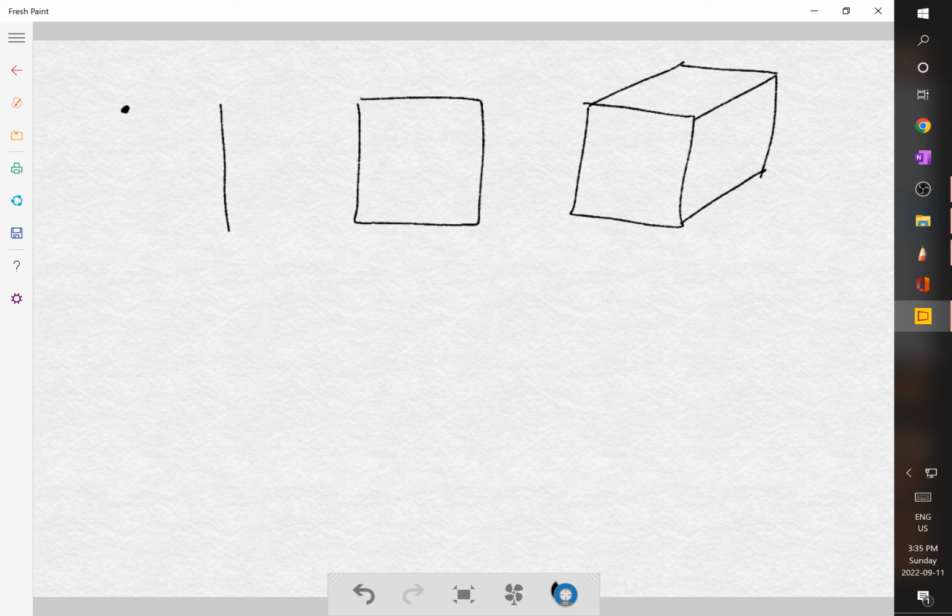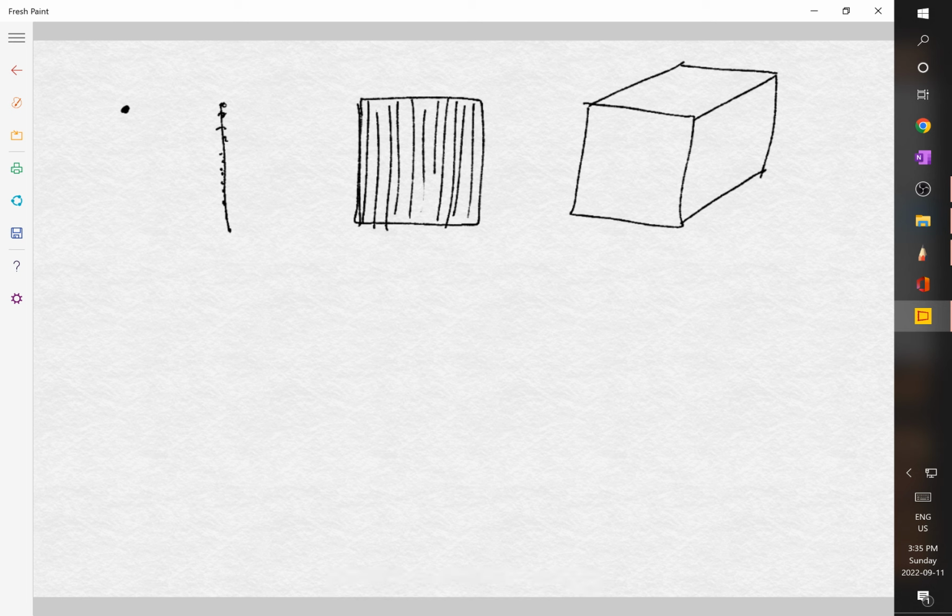And so you can kind of notice that like this line, we could say it's a collection of an infinite number of points along the new direction. And this square here is like a collection of an infinite number of these lines spread out along our new direction. And this cube is like an infinite number of these squares spread out along the new direction.